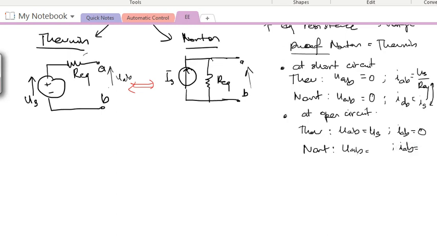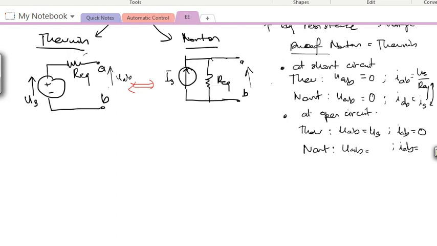Okay, now for Norton, let's measure what UAB is. When the circuit is open, UAB is basically equal to the U that goes across R equivalent. And if you measure that U across R equivalent, we know that R equivalent has a current IS that goes through it.